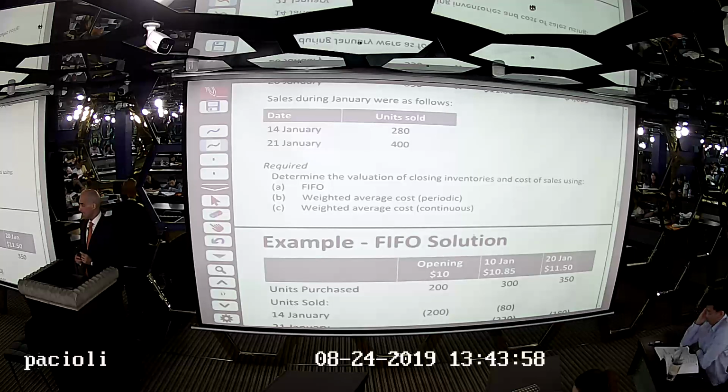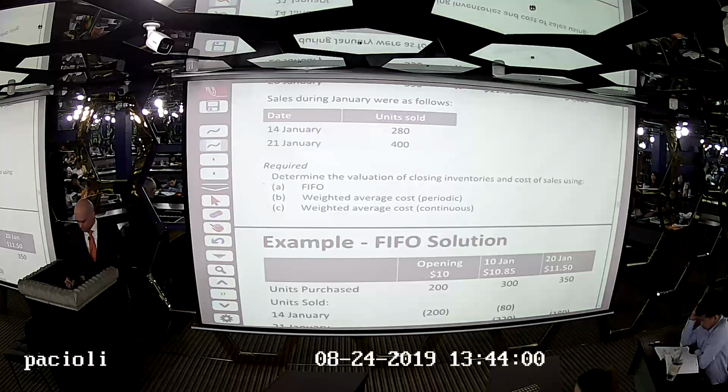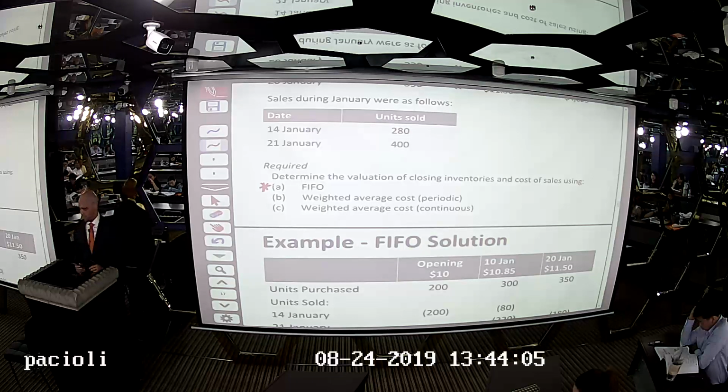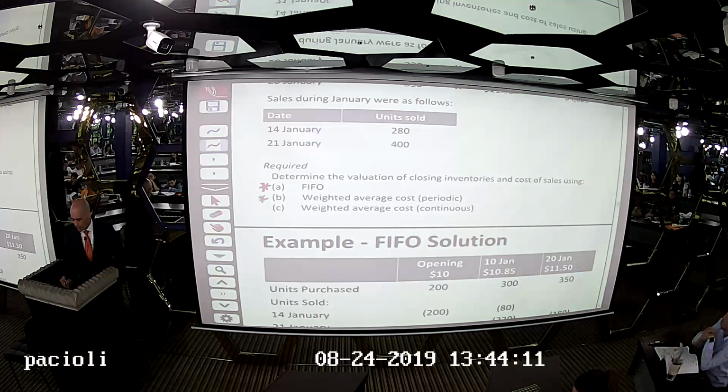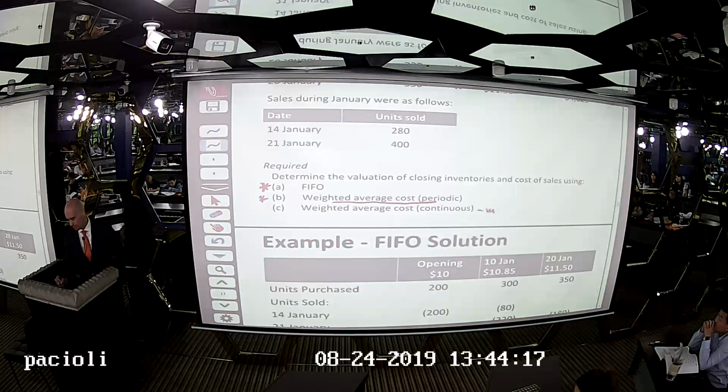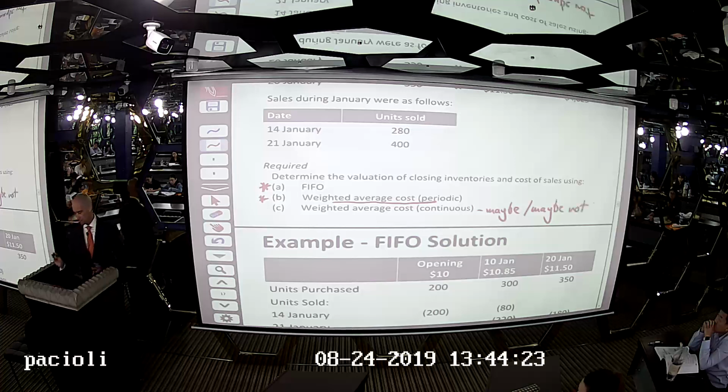For your exam, absolutely you need to know FIFO. FIFO is guaranteed on your exam. Average cost: if you have average cost, probably you're going to have the periodic average cost. For continuous average cost, maybe on the exam, maybe not. We're not sure it's going to be on the exam.